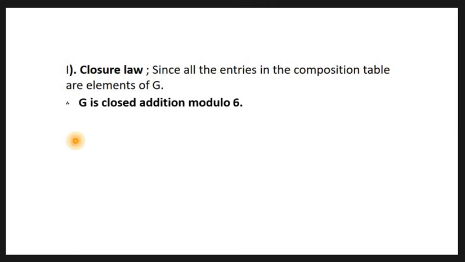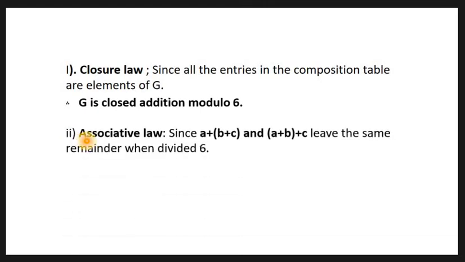Associative law, for all a, b, c belongs to G, we have to prove that a plus (b plus c) and (a plus b) plus c leave the same remainder when we divide it.